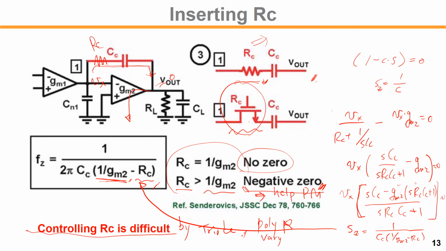It varies by PVT process and temperature. So controlling the exact value is difficult, so people prefer not to use these days. This approach is not that popular nowadays.